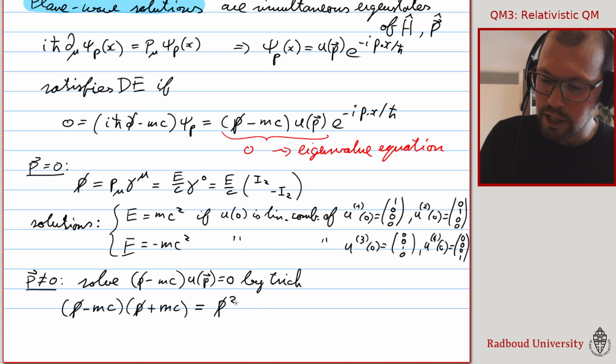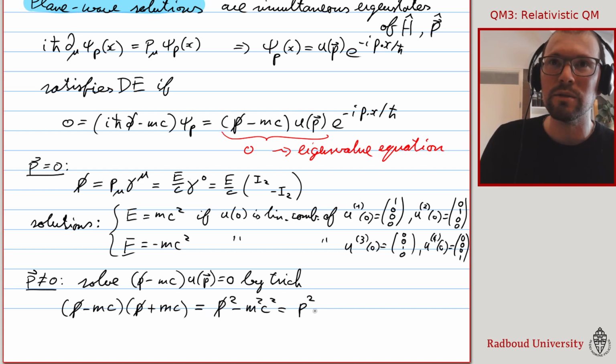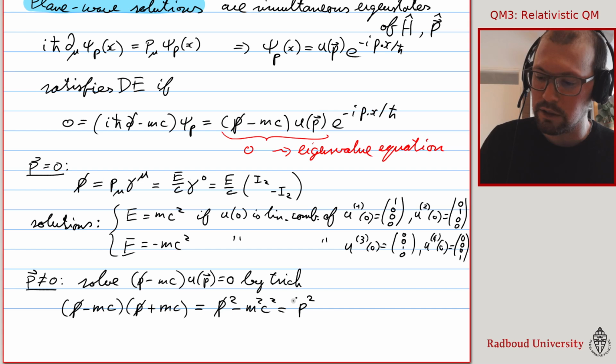So we get p-slash squared minus m squared c squared, but p-slash squared was just p squared times the identity matrix.